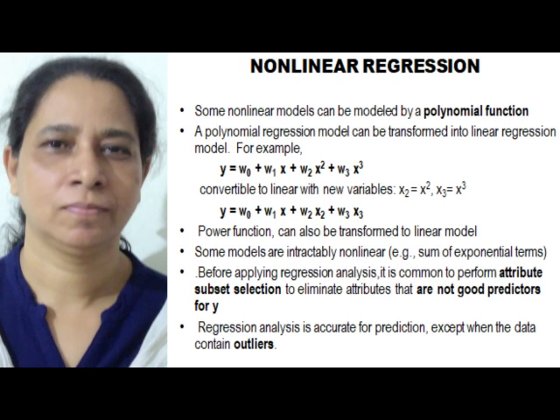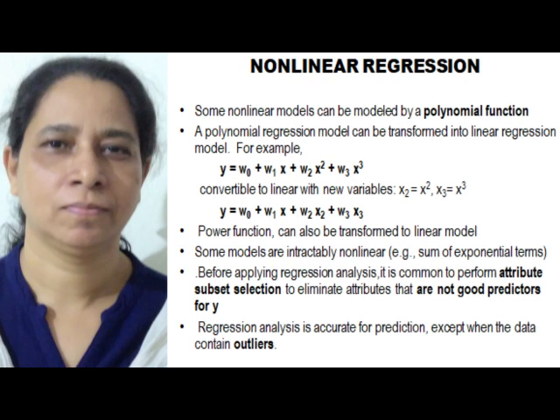Some regression models, such as the sum of exponential terms, are intrinsically nonlinear and cannot be converted to a linear model. There are various statistical measures for determining how well the proposed model can make the prediction.